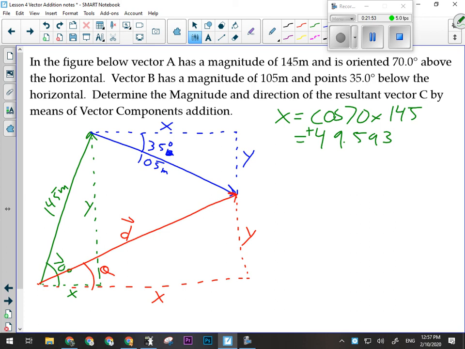Now I want to find green y. Is green y adjacent or opposite? It's opposite the 70-degree angle. So green y will be the sine of 70 degrees times the hypotenuse, 145.